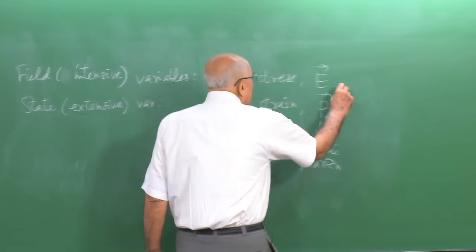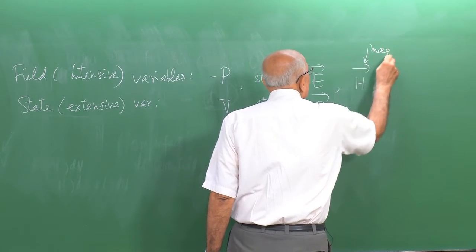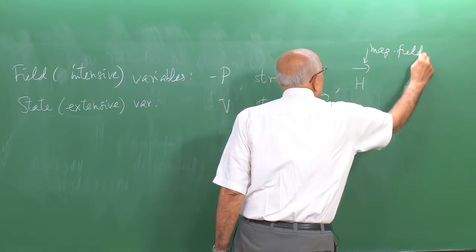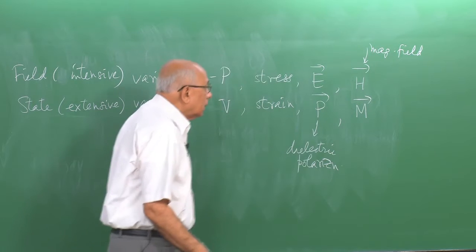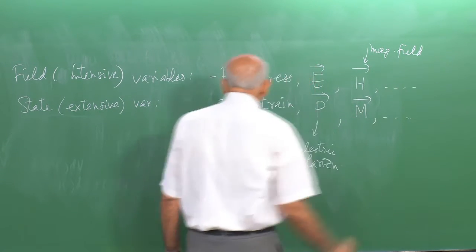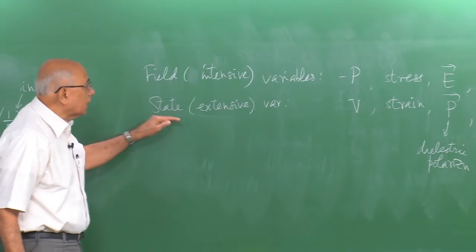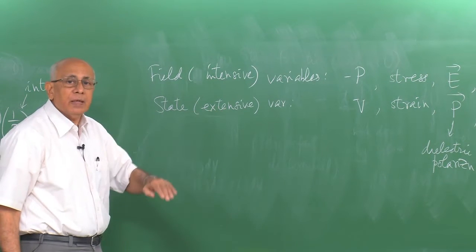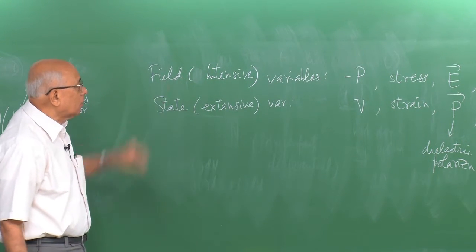Then you could perhaps apply a magnetic field H. The system would respond by acquiring a magnetization M, and so on. So, you have a set of field variables and a set of extensive variables called the state variables, which represents a response of the system to the application of these field variables.